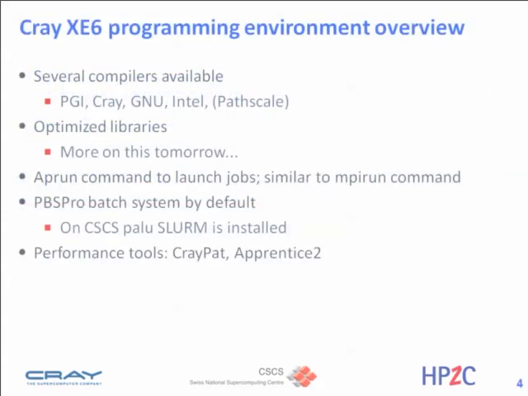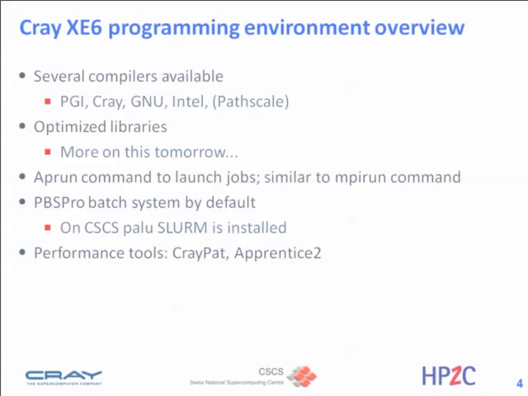So, programming environment. First of all, there are several compilers available. There are several libraries, and Adrian Tate is going to talk tomorrow about the libraries. I'll describe aprun, which is the command used to launch jobs.